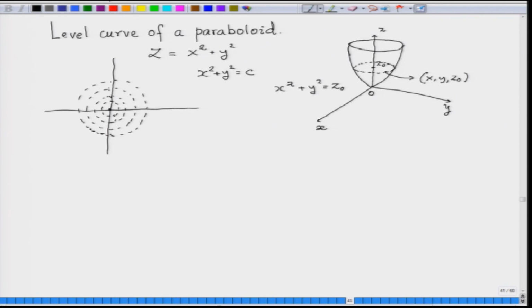Then you just keep on dropping perpendiculars on the xy plane, and you see that the level curve has been formed on the xy plane as a circle.